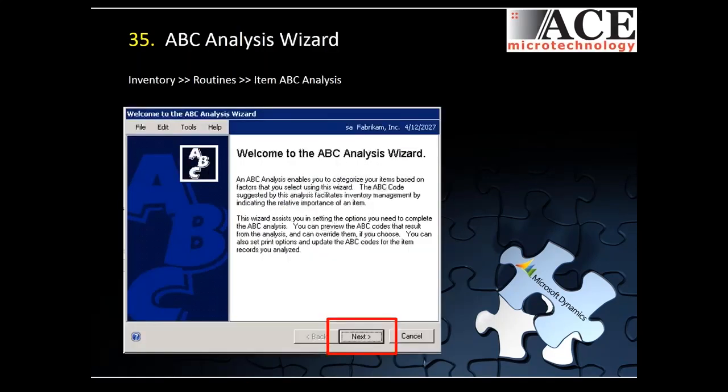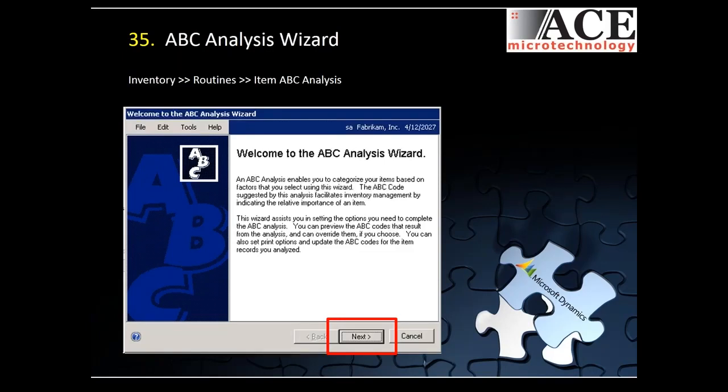All right, this is something that I don't see a lot of people using, and I really like this tool. So if you're a heavy inventory user in Dynamics GP, in order to really control your inventory and the bulk of your items from a count perspective and a value perspective, there's an ABC analysis wizard where you can flag your inventory items as having an A, B, or C category or no category at all.